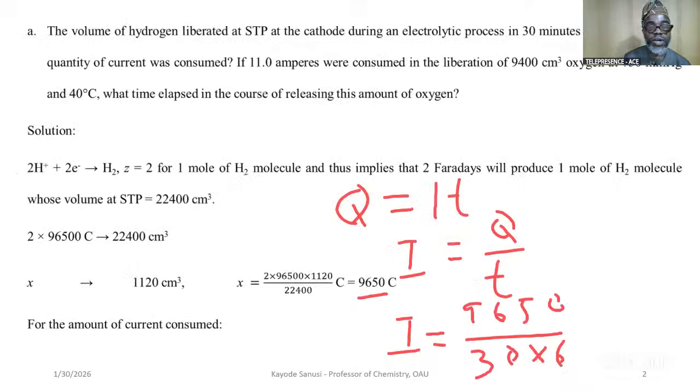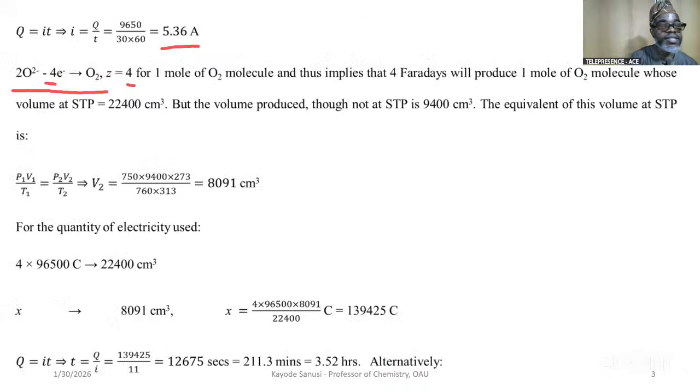If we go back to the question, it says if 11 amperes were consumed, so we are done with this. The answer for that, the quantity of current that was consumed, is 5.36 ampere.